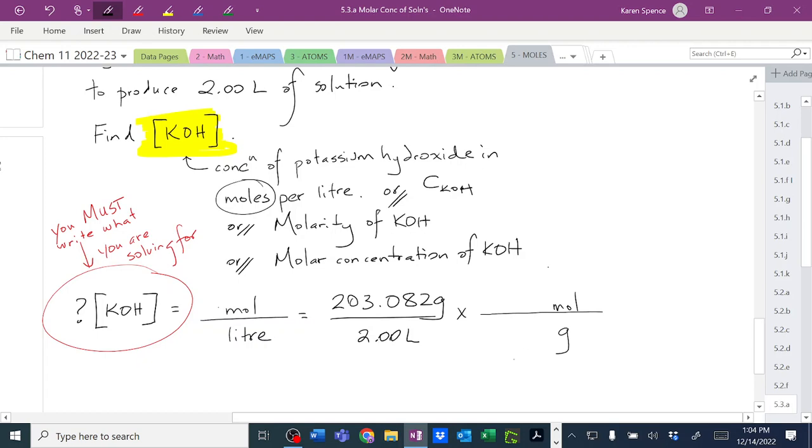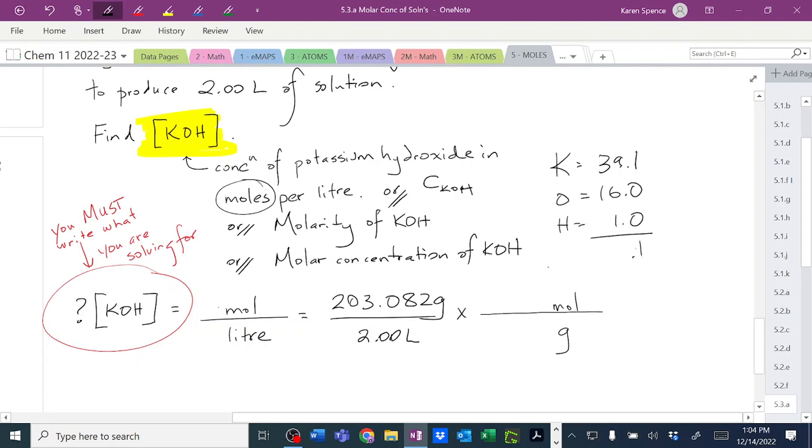Where do I find my number for this? On the periodic table. K is it 39.1? K is 39.1, oxygen is 16, and hydrogen is 1.